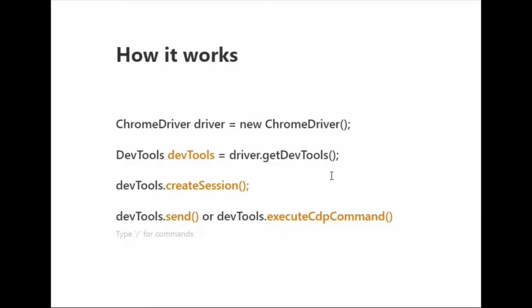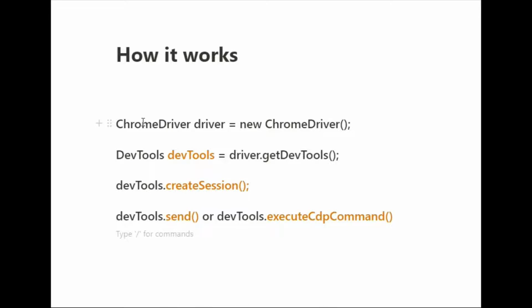Now let's take a plunge into how it works. The first thing is that this is browser specific. You cannot write WebDriver equal to new ChromeDriver here; you have to create the object of a specific browser's driver. You can see here I have used the ChromeDriver class, and you can use the same for other browsers.